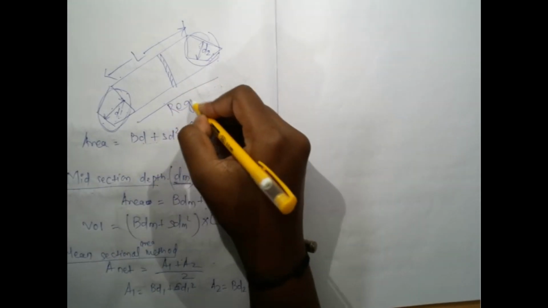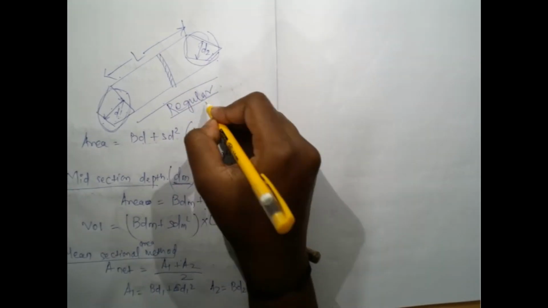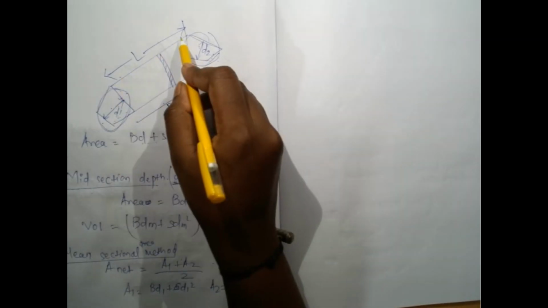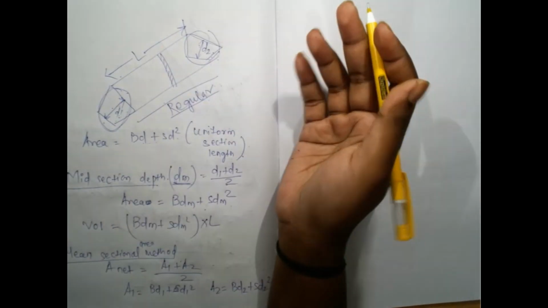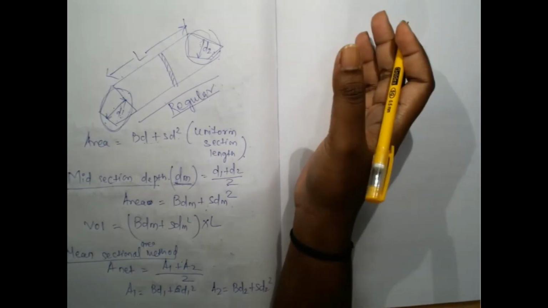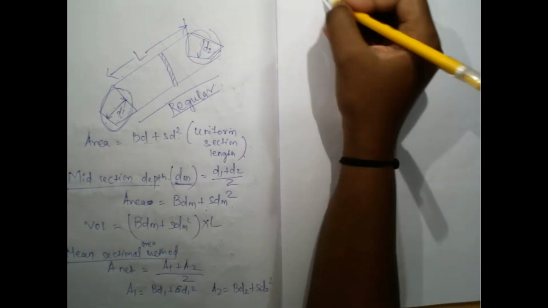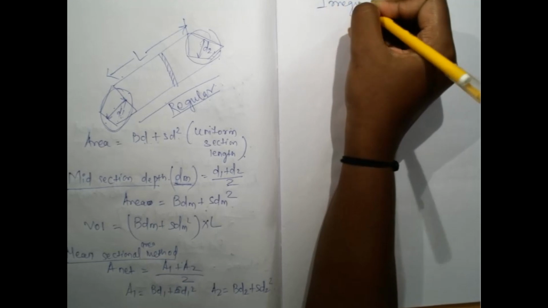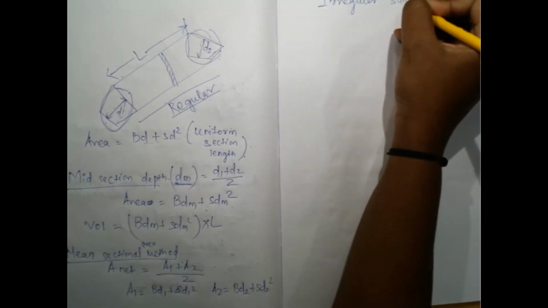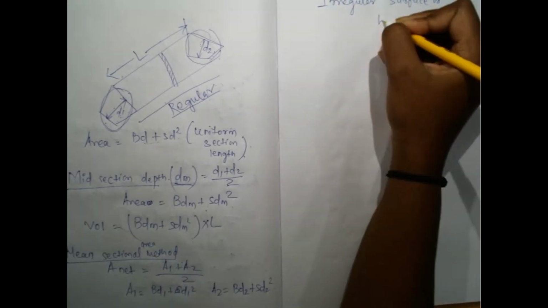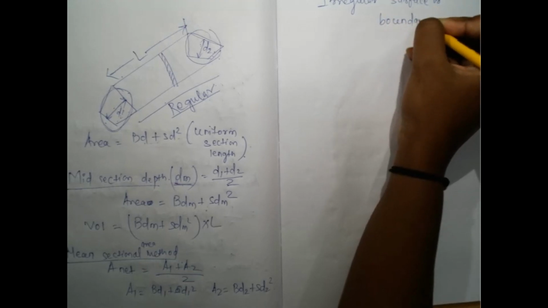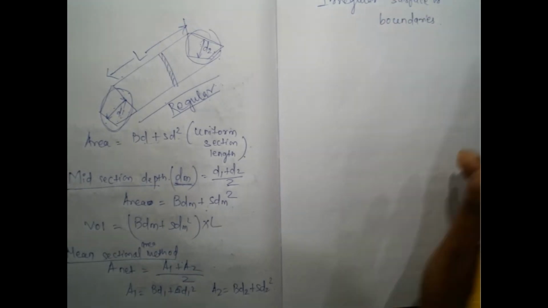See, this is a regular shape. It has a standard uniform regular length. If the length differs from one place to another, then what will happen? If we have an irregular surface or boundaries, then what will we do in that section?